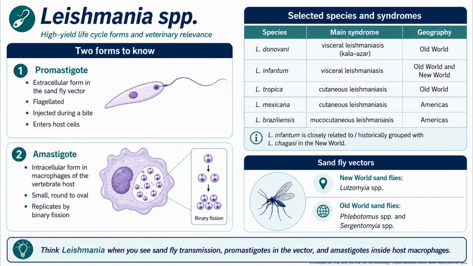Amastigotes replicate by binary fission, and this asexual replication generates clinical disease. Remember, promastigote in the vector, amastigote in the host macrophage, and on the right, the table organizes selected species and syndromes.